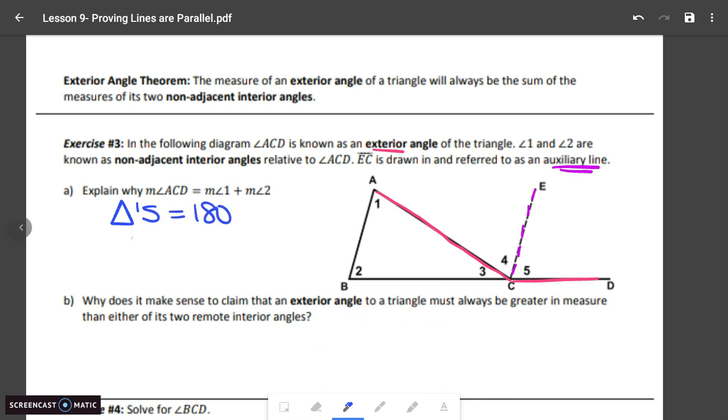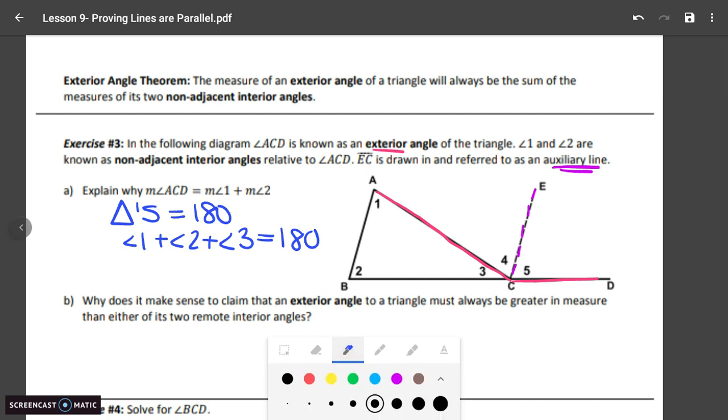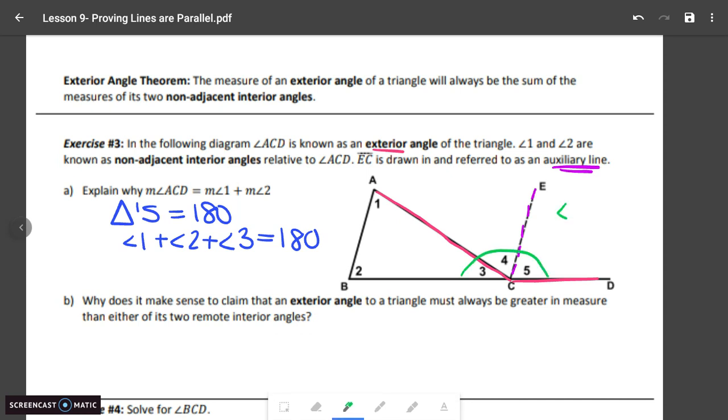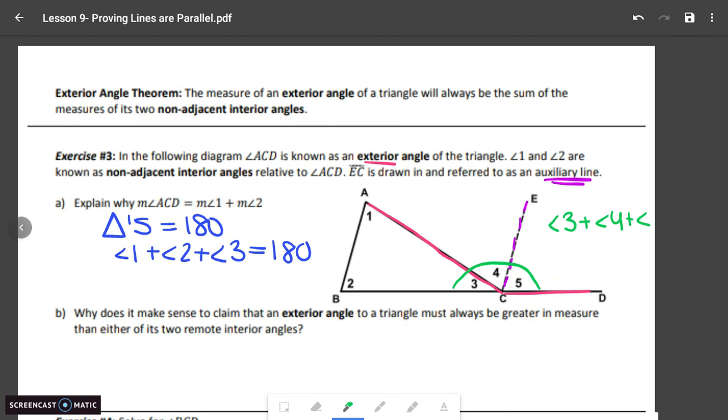So that means angle 1 plus angle 2 plus angle 3 equals 180 degrees. And I also know that angles on a line add to 180 degrees. So I know angle 3 plus angle 4 plus angle 5 is equal to 180 degrees.